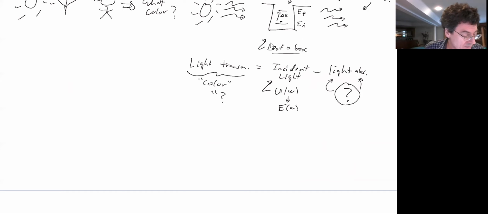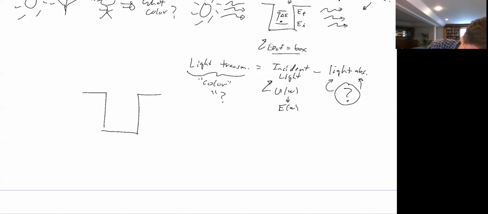And so basically what is happening is that I have some initial state described by some initial wave function.